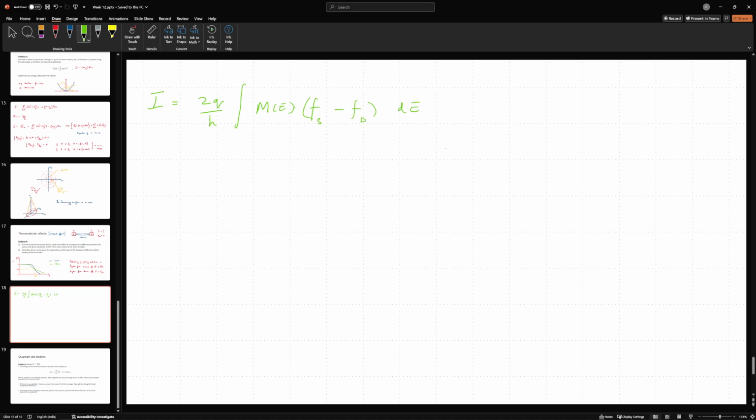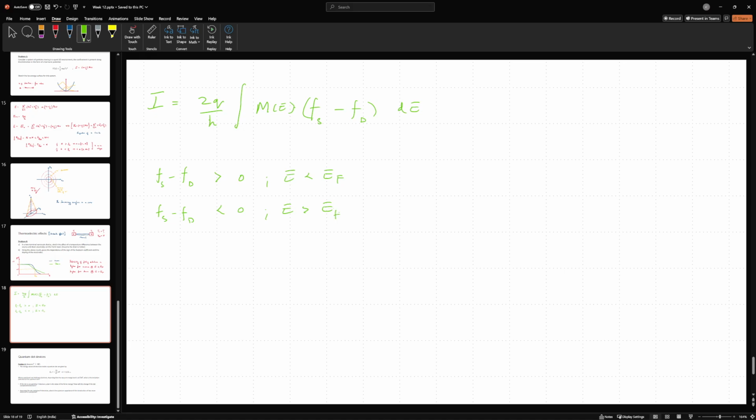Now, for E less than EF, fs minus fd is greater than 0, and fs minus fd is negative for E greater than EF.